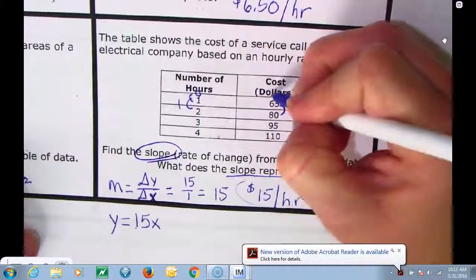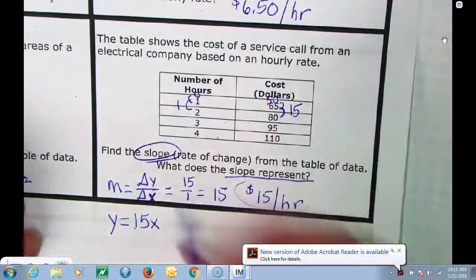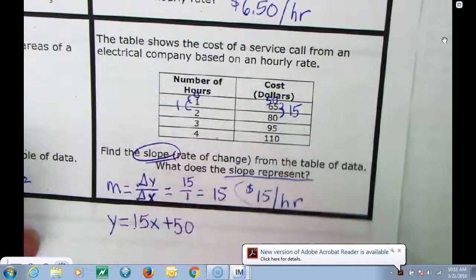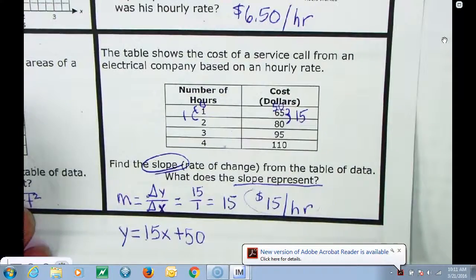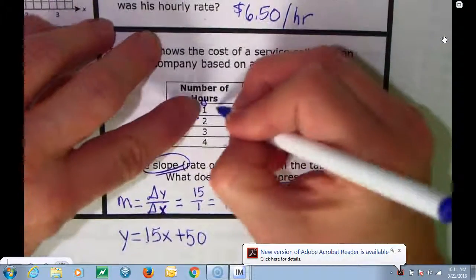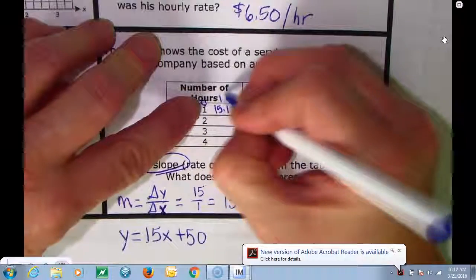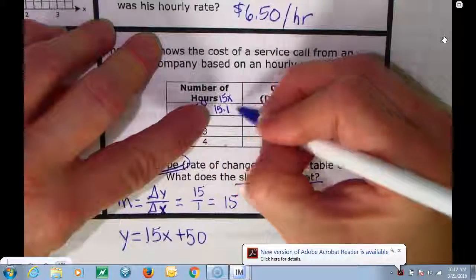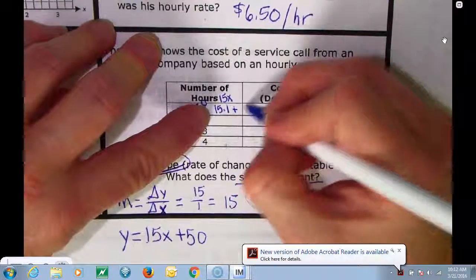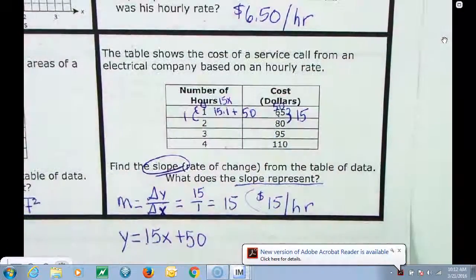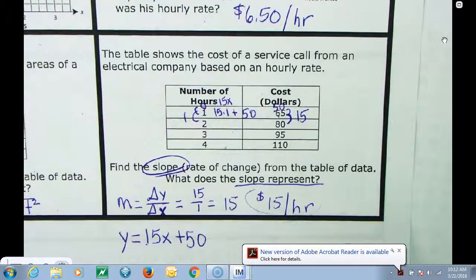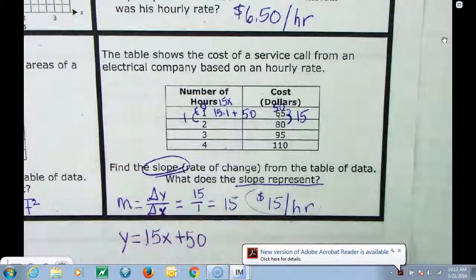Count backwards and get to 50. Awesome. So plus 50. Or we could look at our table and go 15 times 1 is 15, because it's 15x, 15 plus 50 is 65. Sometimes you have to subtract, guys. But on these two, we had to add.